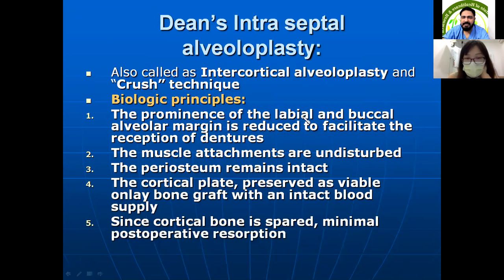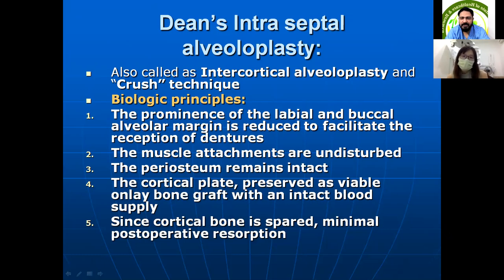Now, what is Dean's alveoloplasty? It is also called intercortical alveoloplasty and crush technique. What are the biological principles behind this? The prominence of labial and buccal alveolar margin is reduced to facilitate the reception of dentures.